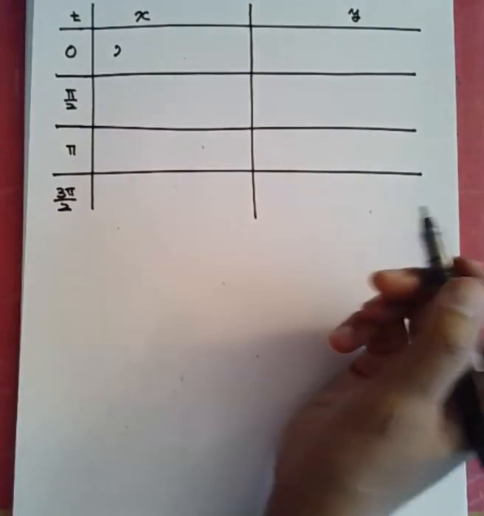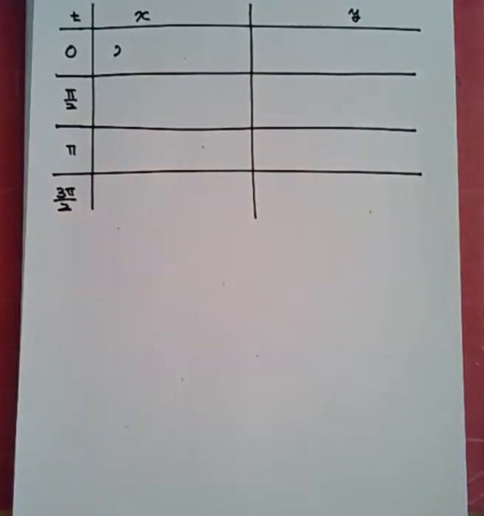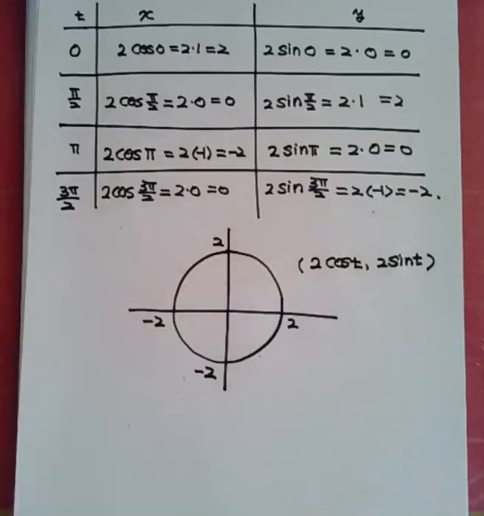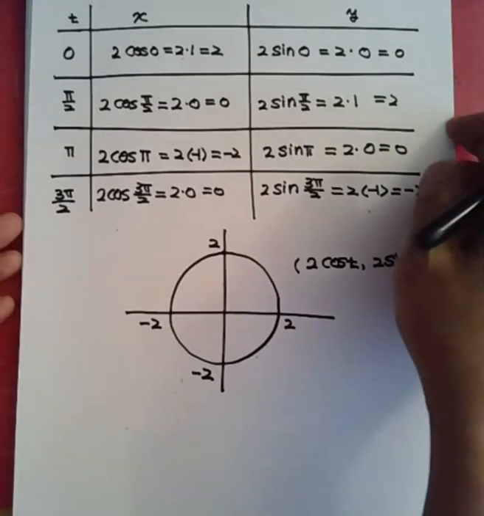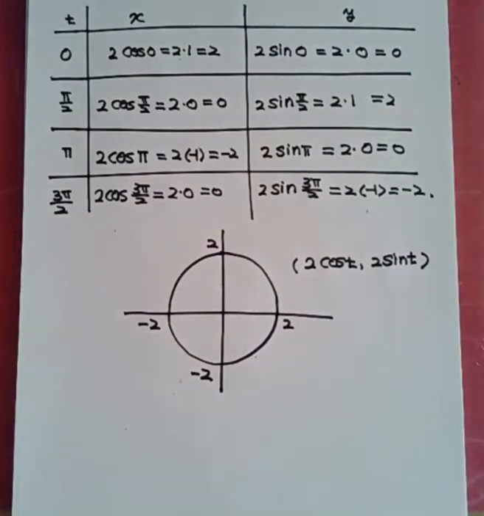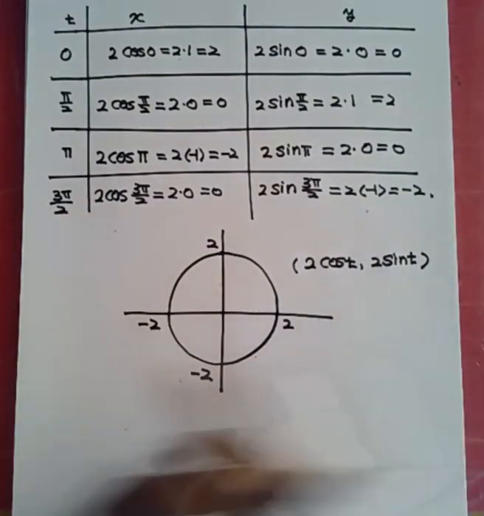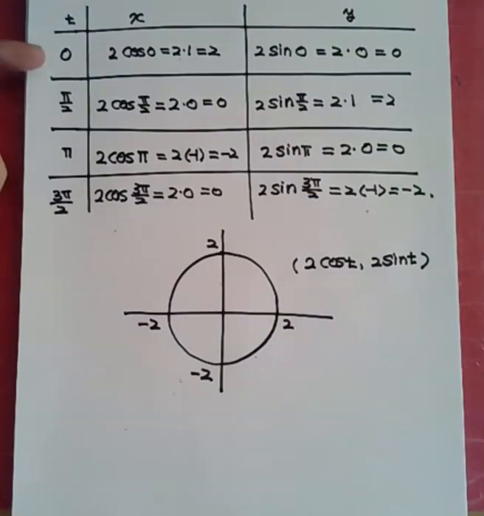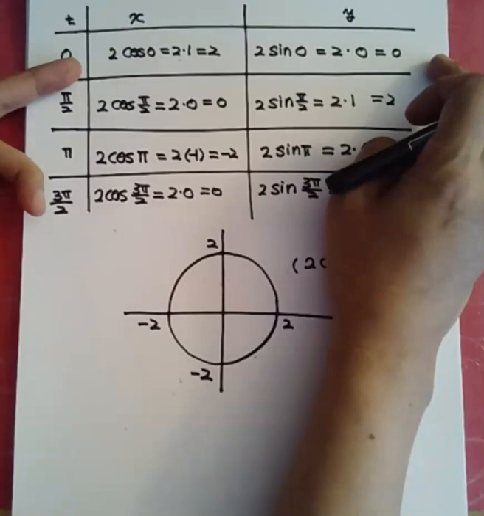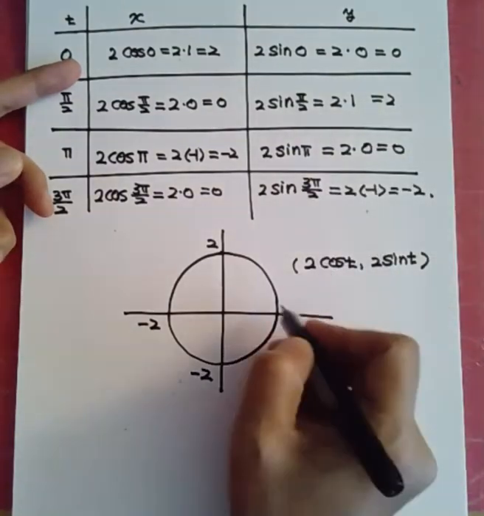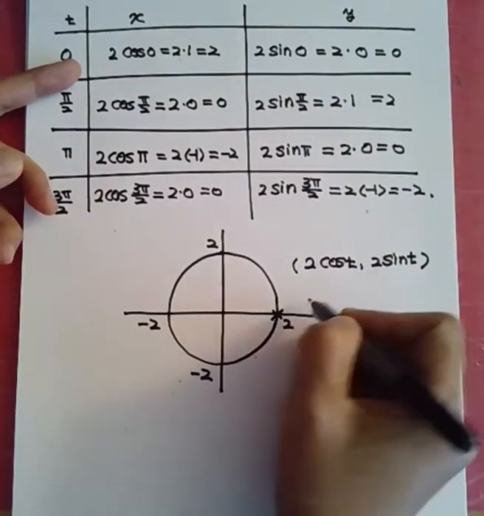After you stop this recording, you will fill out this table and come back. This is the table you should obtain. When t equals 0, the x value is 2 and the y value equals 0. So that is this point.